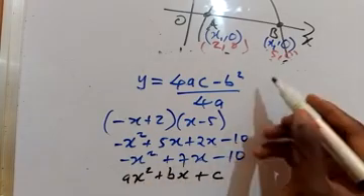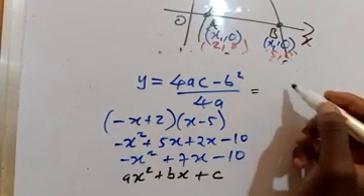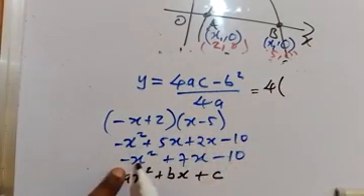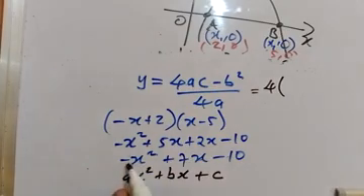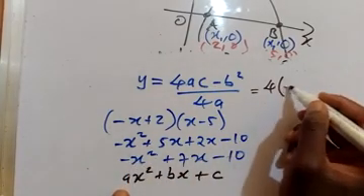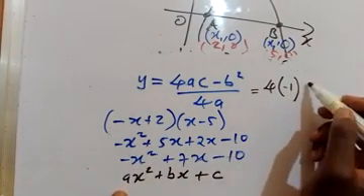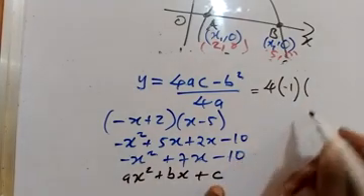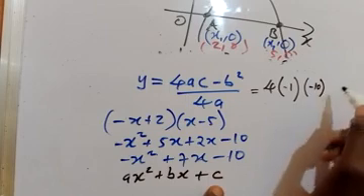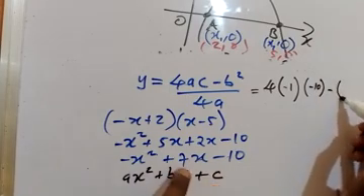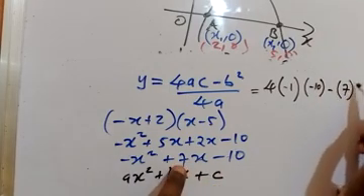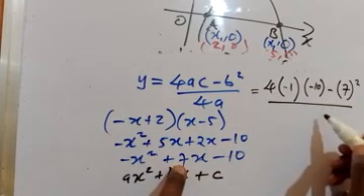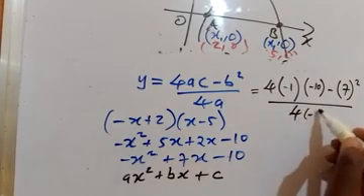So what is a? It's the coefficient of x squared, which is negative 1. Then our c is negative 10. Then what is our b? It is 7. Then 4ac minus b squared over 4a, where a is negative 1.